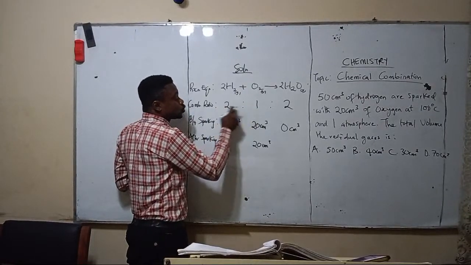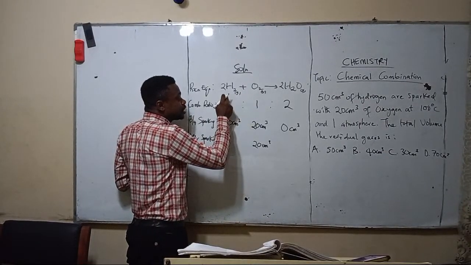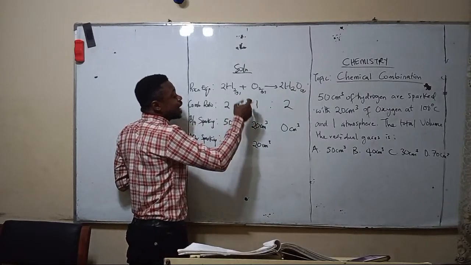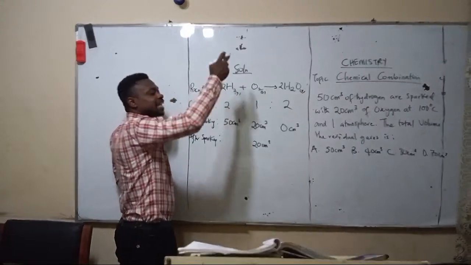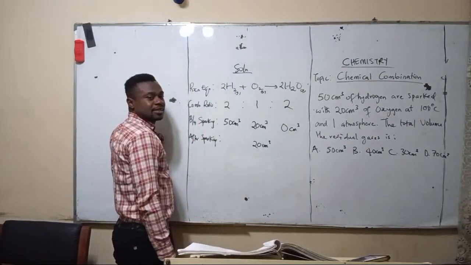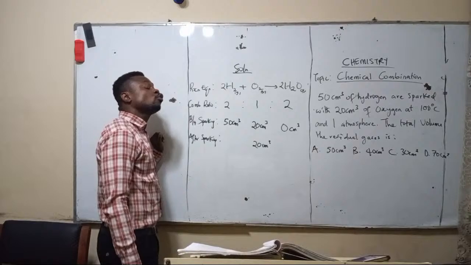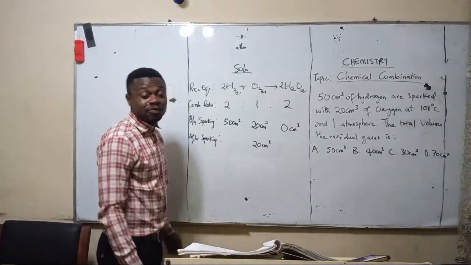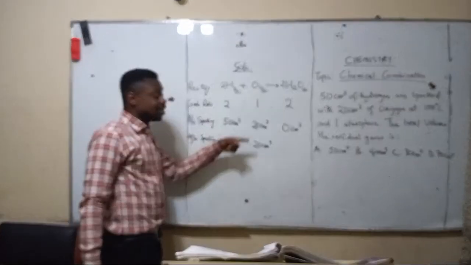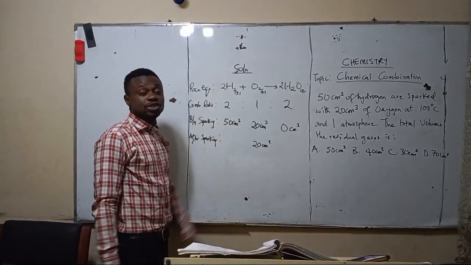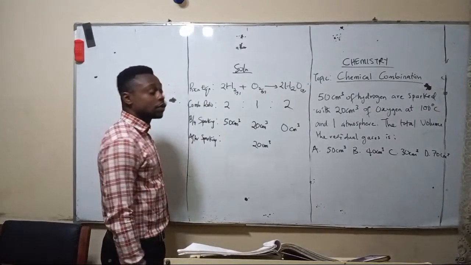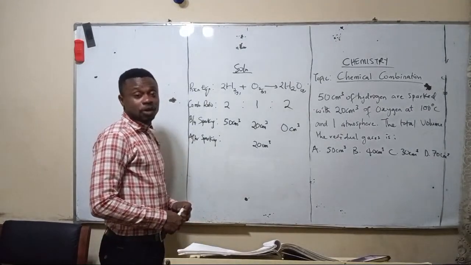So the volume of hydrogen that will react with oxygen will be only twice the volume of oxygen. The remaining will be there as excess. So if you like, spark 2000 cm3 of hydrogen, only 40 cm3 of hydrogen will react with 20 cm3 of oxygen. That's what this law states.